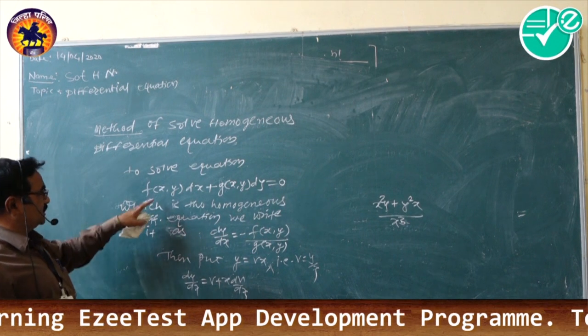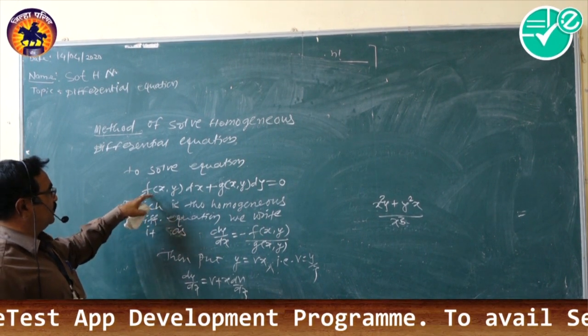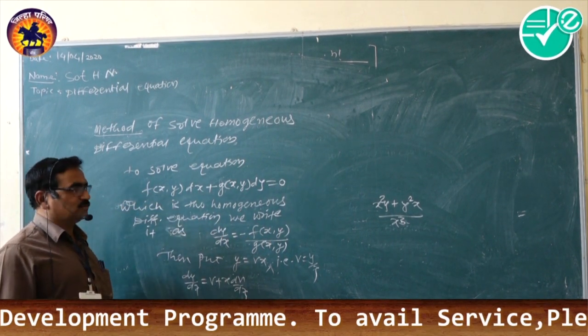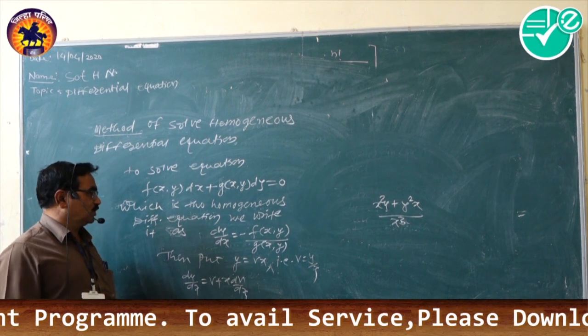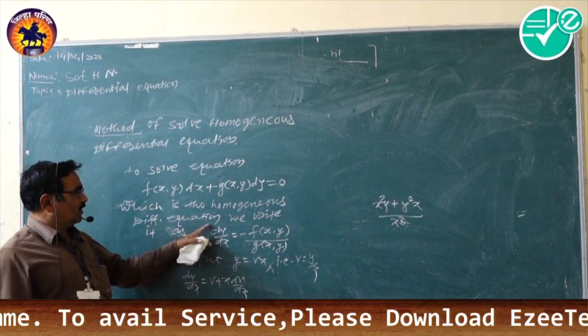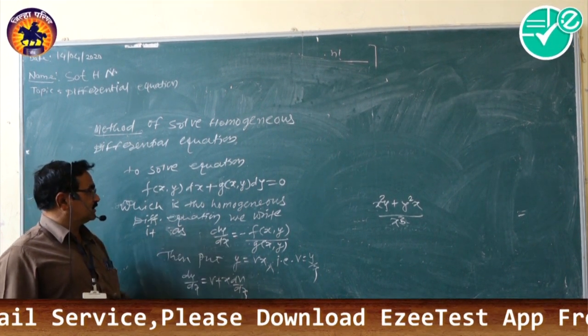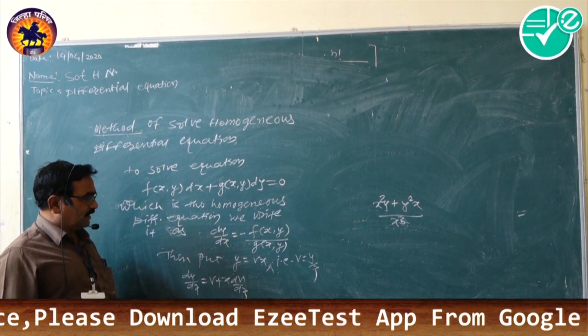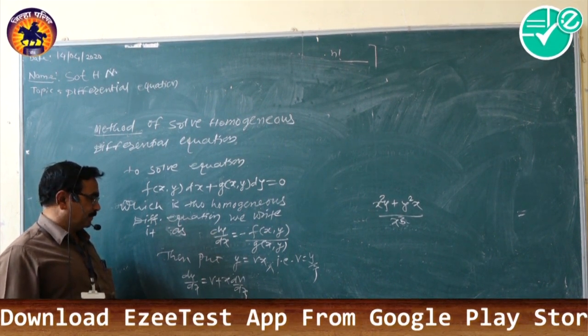When we are given an equation of the type f(x, y) dx + g(x, y) dy = 0, then dy/dx = -f(x, y)/g(x, y).